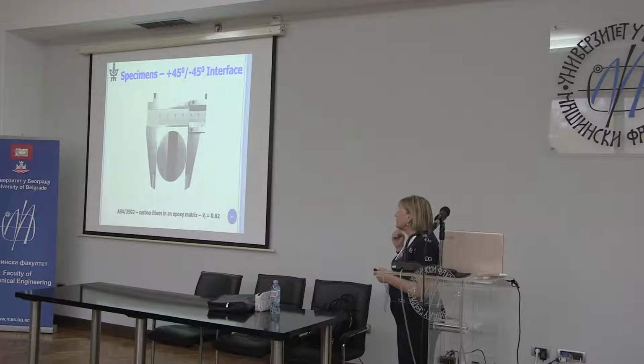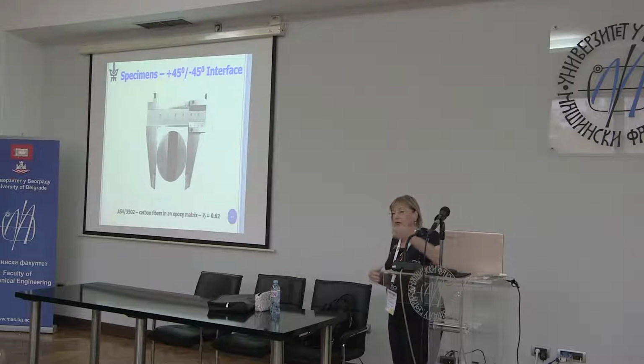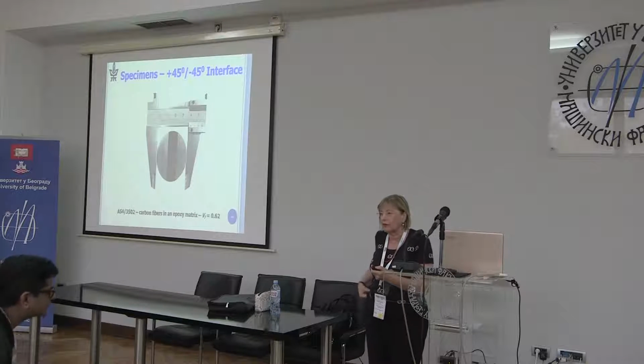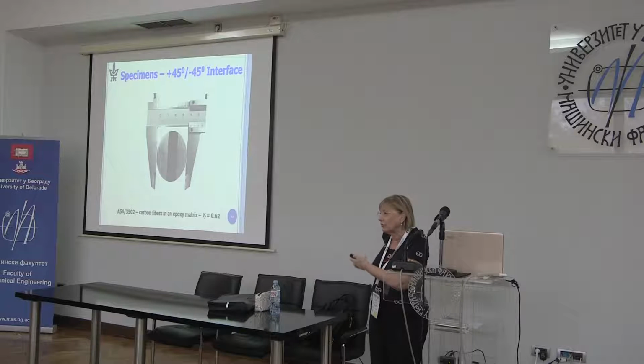I earlier said that the material, like when we had fibers in the 0 degree direction, was transversely isotropic. Well, it's effectively transversely isotropic because obviously it's inhomogeneous, but we sort of average the properties over the material.